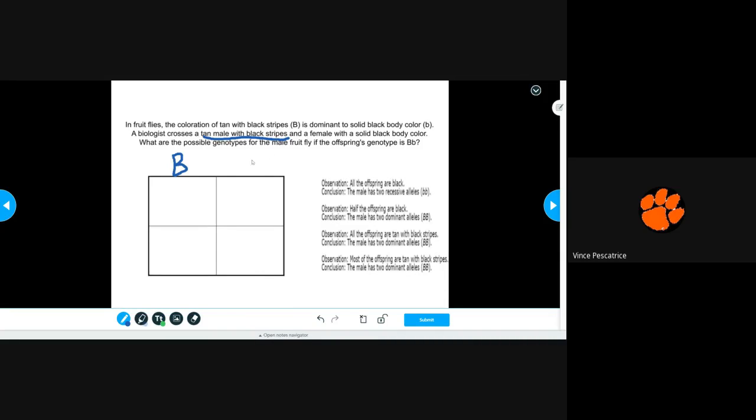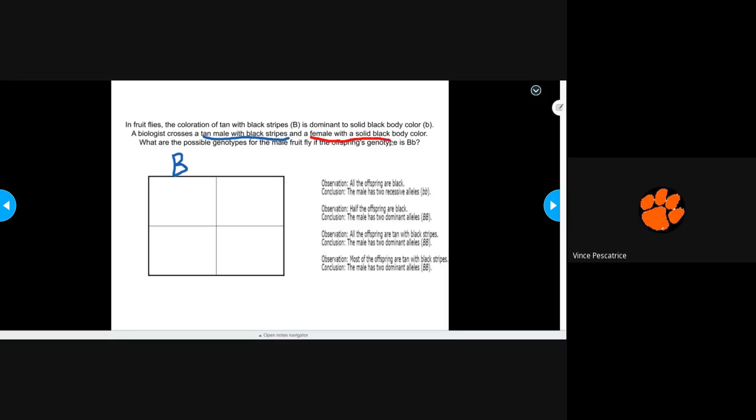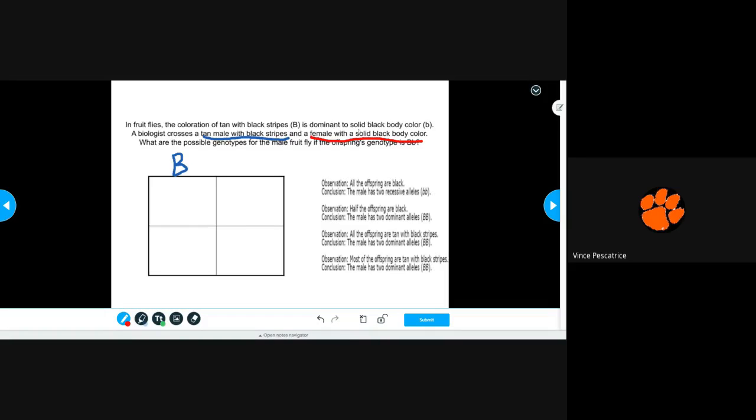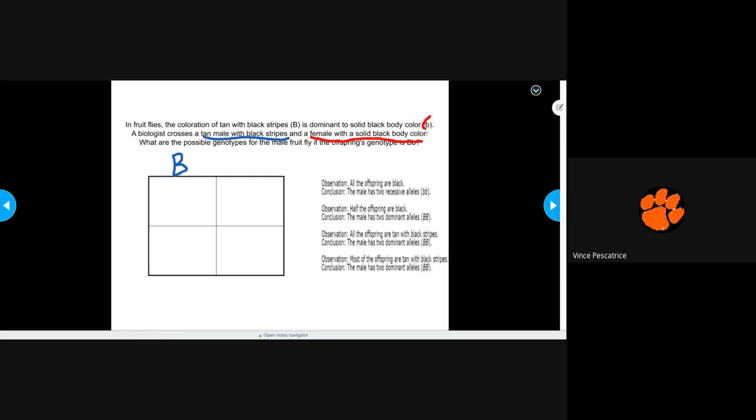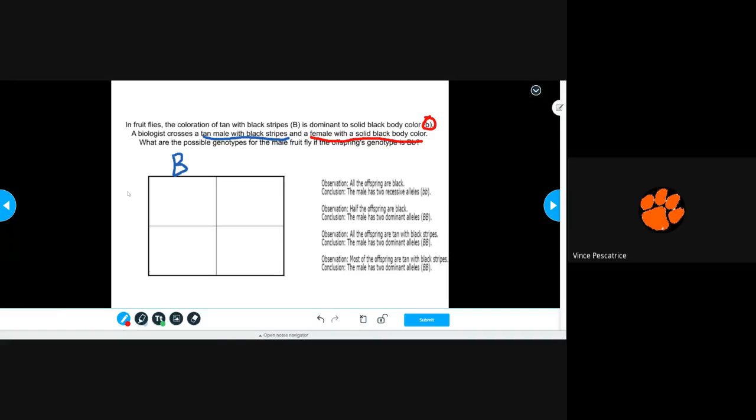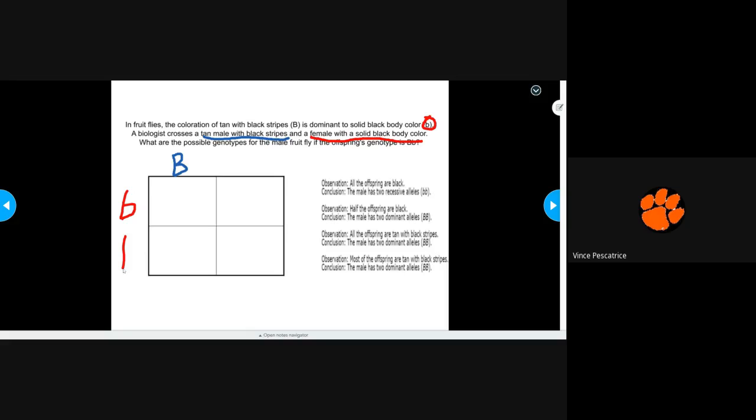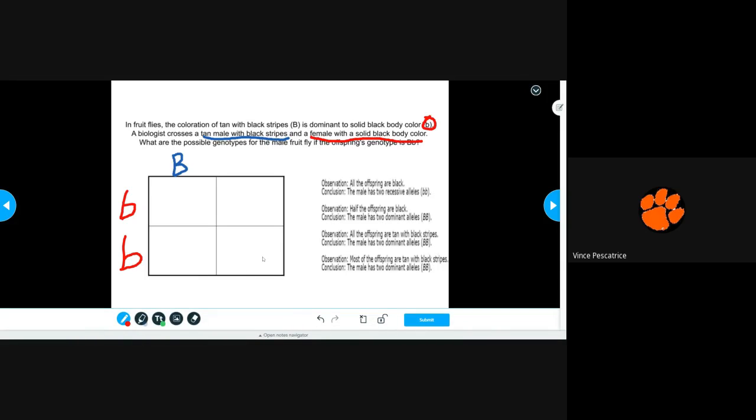All right, so we don't know this yet, but it's crossed with a female with a solid black body color. Solid black is recessive. So that means in order for that female to have a solid black body color, it has to have 2 of these alleles. So that means we know this to be true. So now we have to figure out which one of these observations this biologist can make.